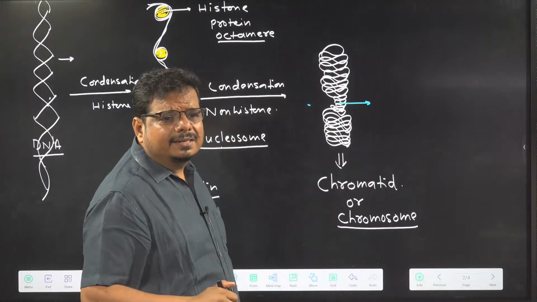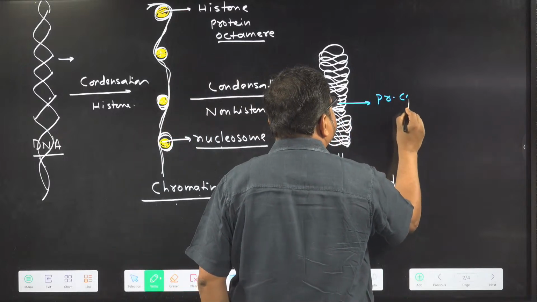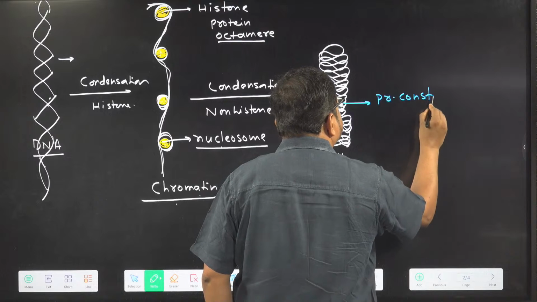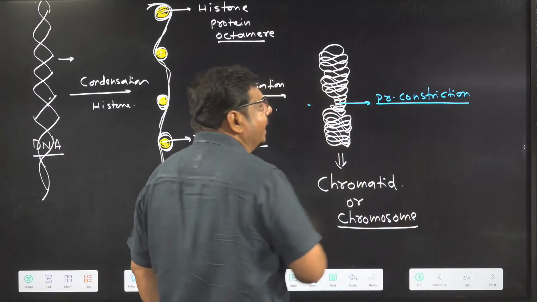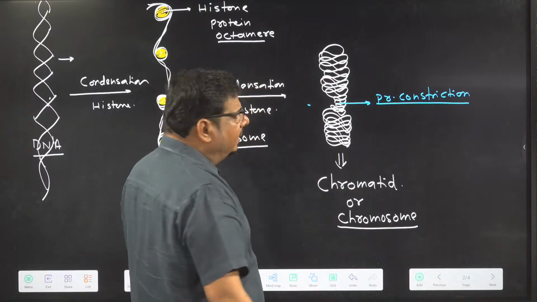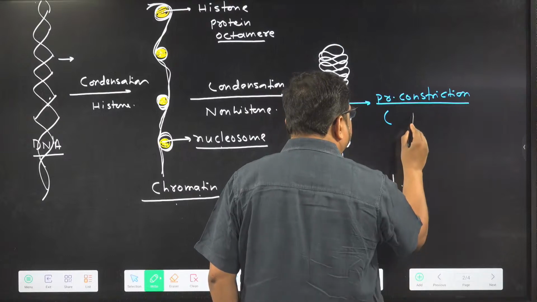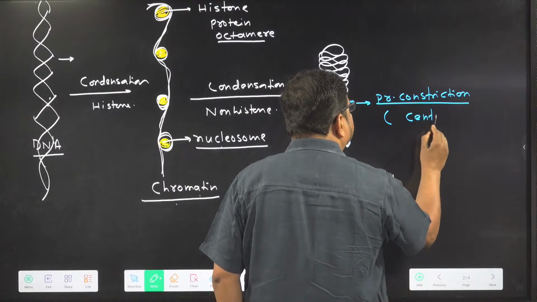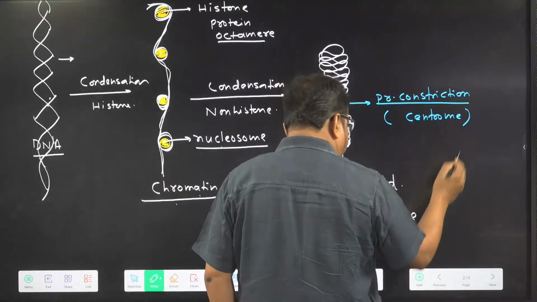So this less thickened area is called primary constriction. And another name of this primary constriction is centromere.